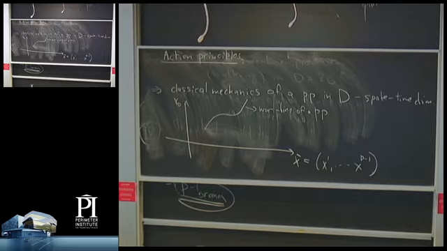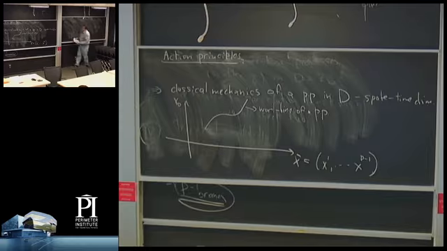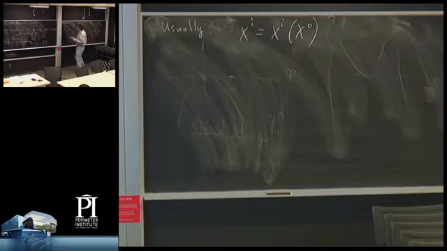The most natural way, something that you use in classical mechanics, is to say, you give the coordinates of the particle, and all I need is to say where my particle is in space at a given instance in time. So usually we say that our spatial coordinates x^i are functions of x^0.